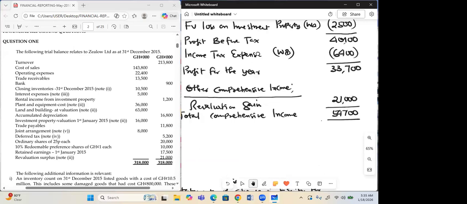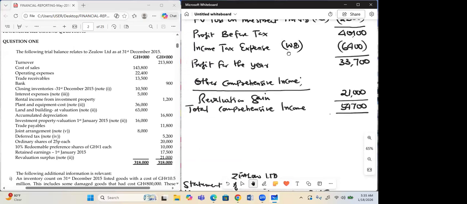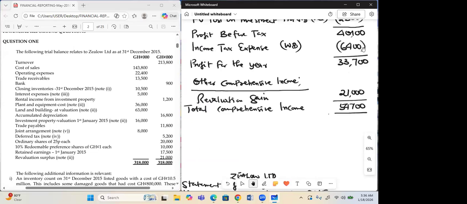Now watch. Can you see the income tax expense, 6,400 here? Can you see it? Yes, please. So that's why we entered the 6,400 here. Are you fine? Please, I am.